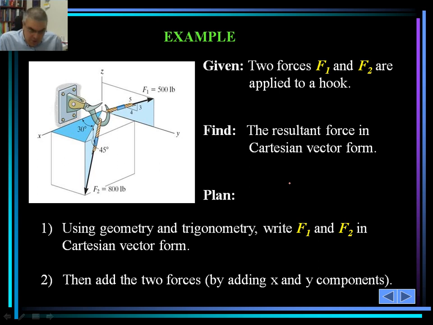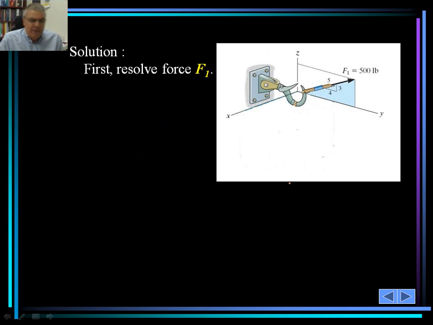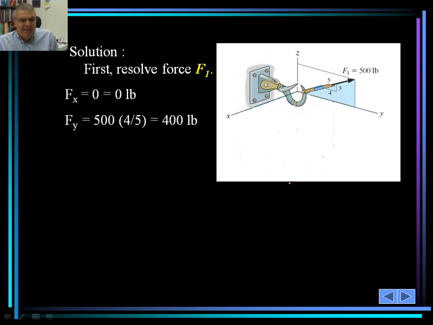But before we do that, we need to use the tools that we have from geometry and trigonometry. We need to first write F1 and F2 in Cartesian vector form, and then we need to add the two forces. Of course, that addition can be done by adding the x, y, and z components of F1 and F2.